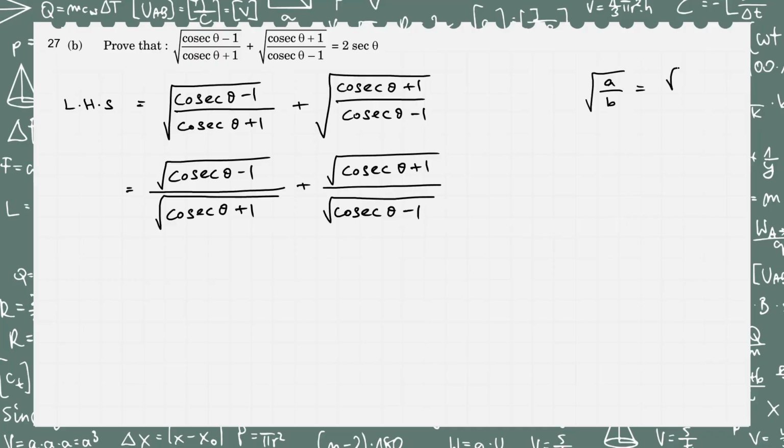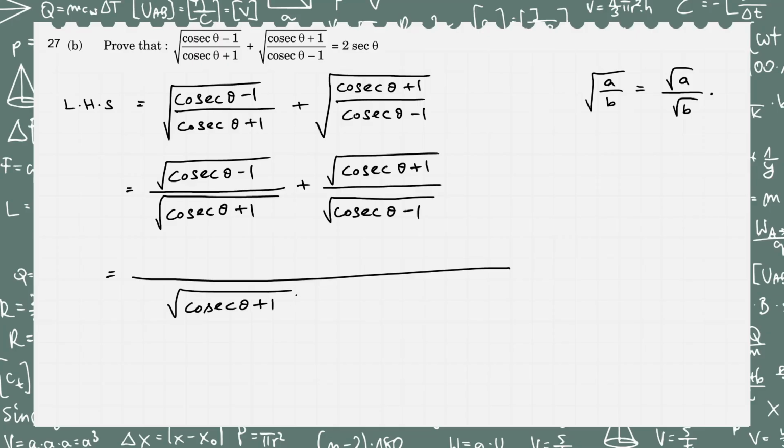How are we able to write this? Because root of a by b can be written like root of a by root of b for any a and b, right? So that's why we are writing like this. Now we have two fractions. So the only way to combine them is taking LCM. So we are going to do the same. The LCM for the denominator will be root of cosecant theta plus 1 multiplied by root of cosecant theta minus 1. So we have to multiply the respective numerators with the non-available factor, right?